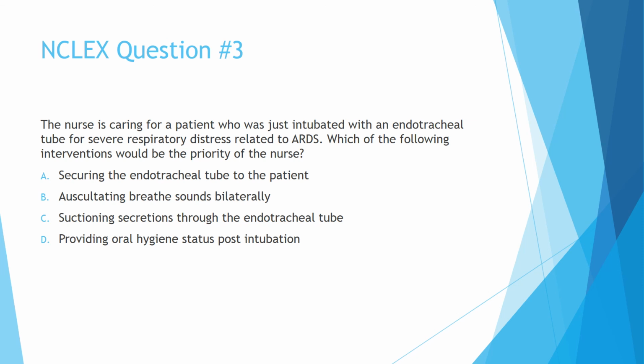Auscultate breath sounds bilaterally. Once that tube goes in, you want to listen to be sure that it's in the correct place. You don't want it to be in the esophagus, right? So you have to listen for breath sounds and hear that the tube did indeed go into the trachea. And then you'd follow with the rest of the options there, okay?